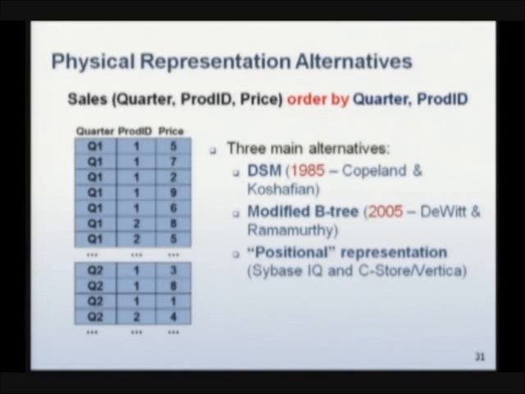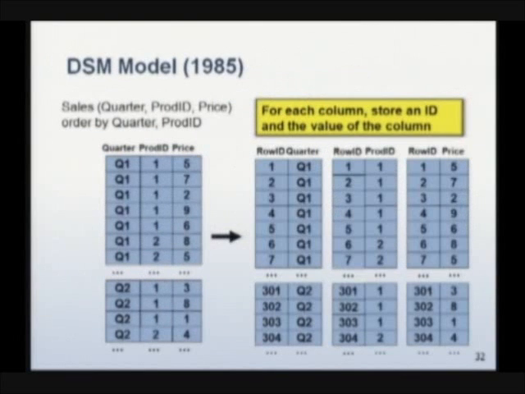George Copeland and Setrag Khoshafian came up with this idea of decomposing things vertically. So in the DSM model, you take this sales table, and again, please notice that this thing is sorted on quarter and then product ID, okay? Major, minor sort.